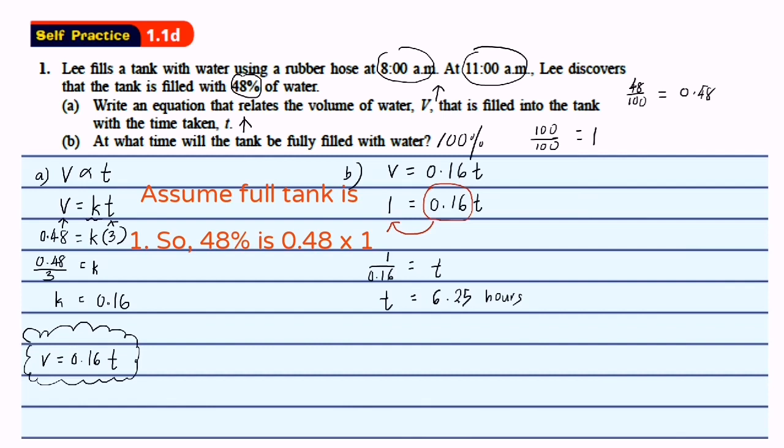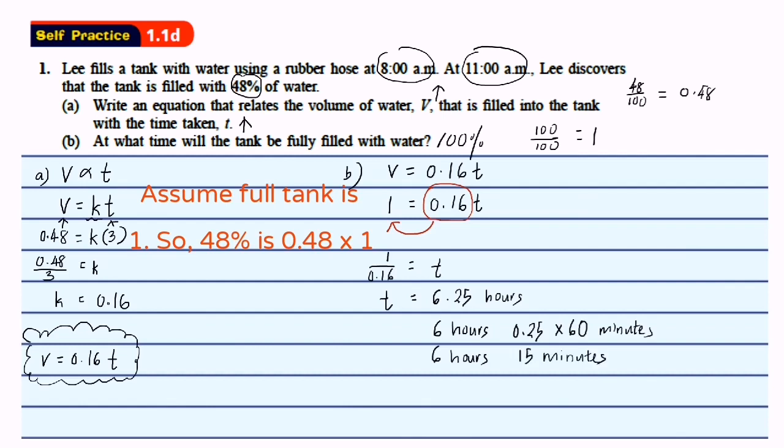Okay, so if I write in hours and minutes, it is 6 hours. This 0.25 hour, I change to minutes, so I multiply by 60. We can get 6 hours 15 minutes.